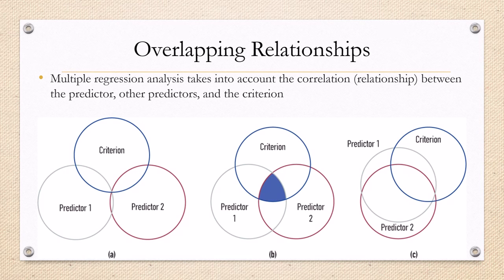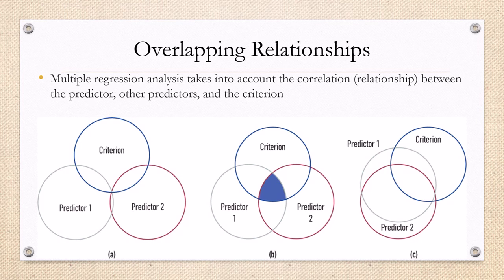So here is another demonstration of these overlapping relationships. Multiple regression analysis takes into account the correlation, the relationship between the predictor, other predictors, and the criterion. If you have cognitive ability and personality as your predictors, there is not much overlap because they're not very closely related.